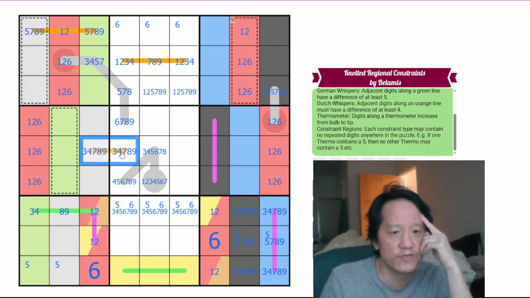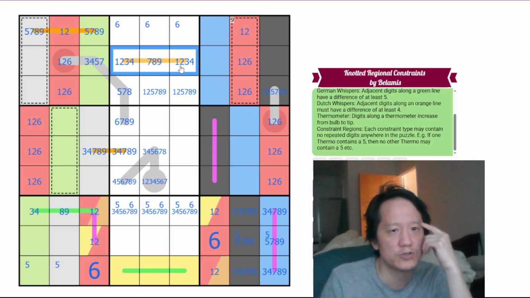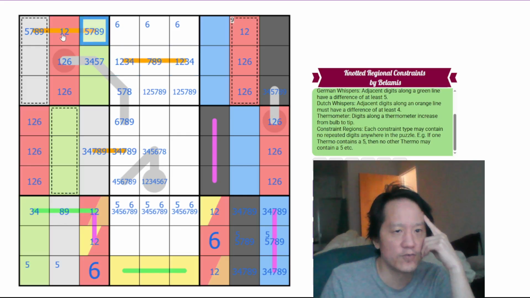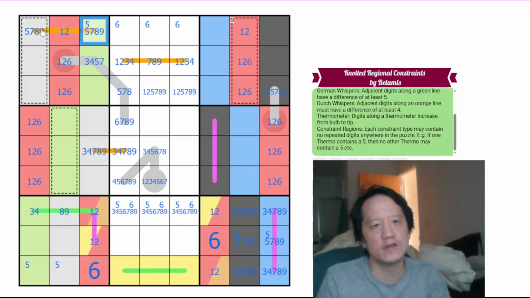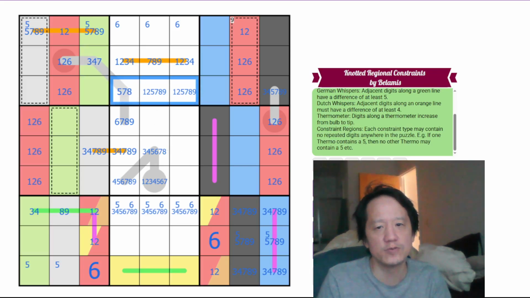So this is 3 or 4. One of these is 3 or 4, and the other one's 1 or 2, which means this has to be at least 7, 8, or 9 here. Therefore, one of these is a 5 here, which means 5 cannot be here. 5 has to be one of these 3, and 5 then has to be one of these 2.